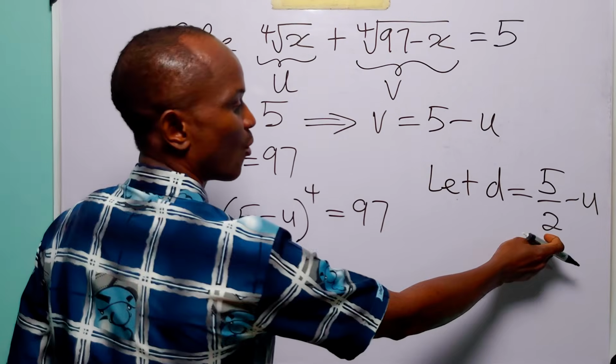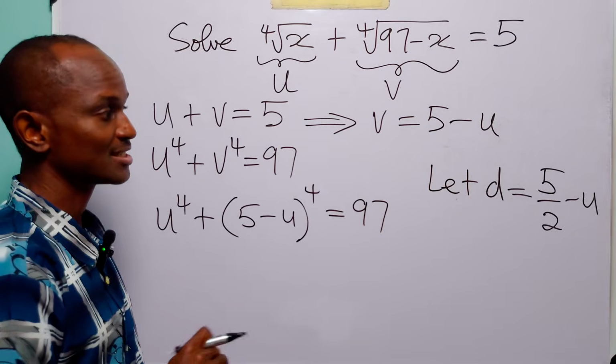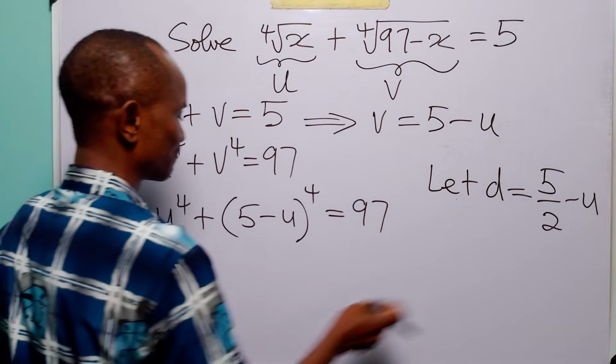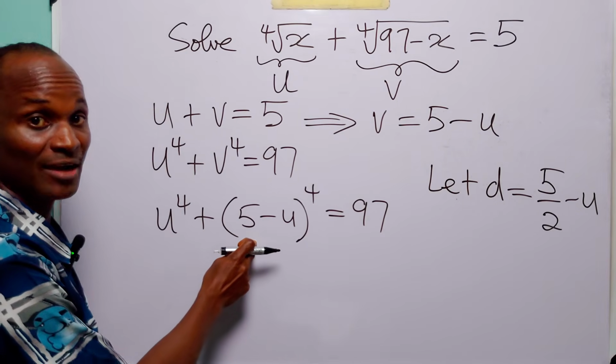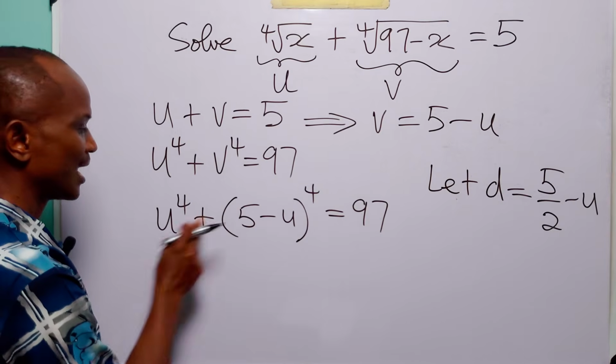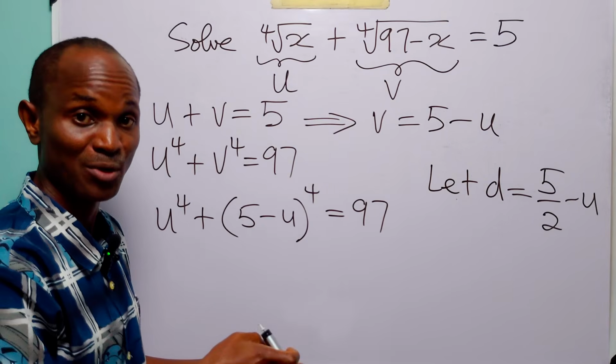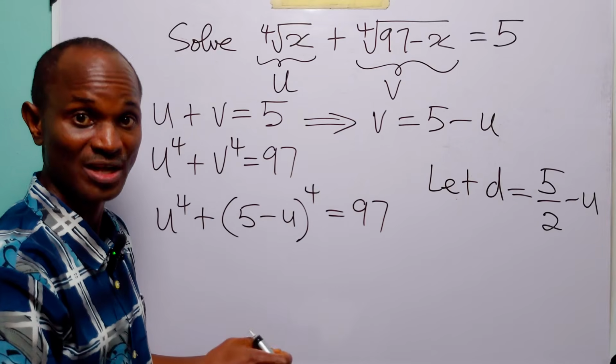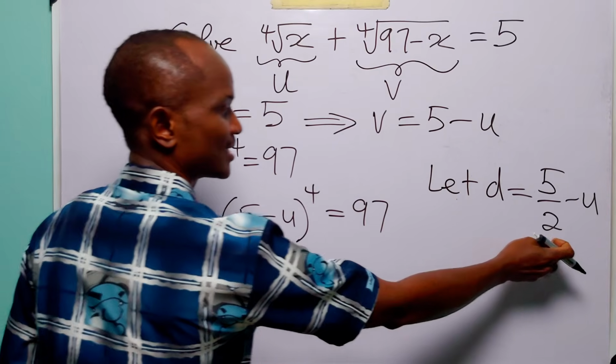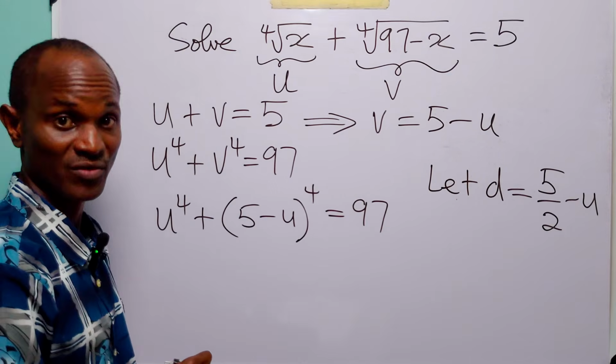Now you may ask, why 5 over 2? That is because this is the midpoint between 0 and 5. u and 5 minus u are 5 points apart, and the midpoint between them is 5 over 2, that is half of 5. So that is why I chose 5 over 2.